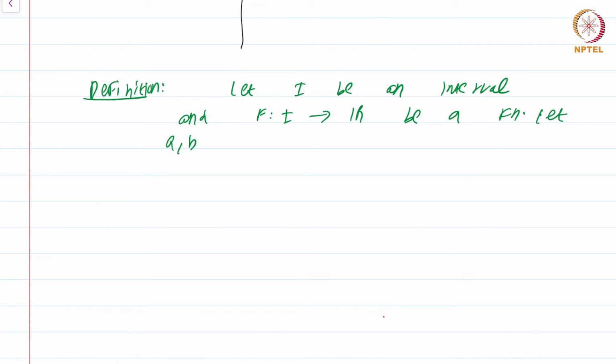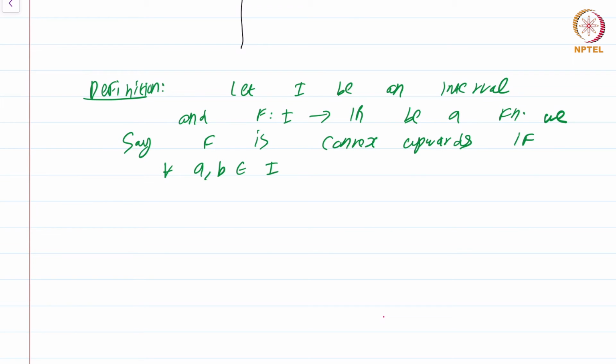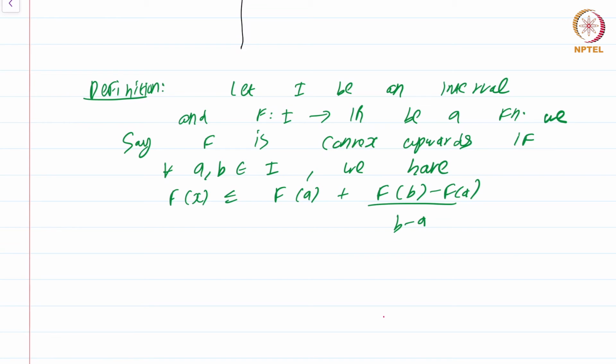We say f is convex upwards if for all a, b in I we have f(x) is less than or equal to f(a) plus (f(b) minus f(a)) by (b minus a) times (x minus a).